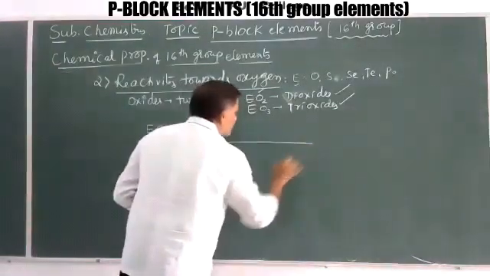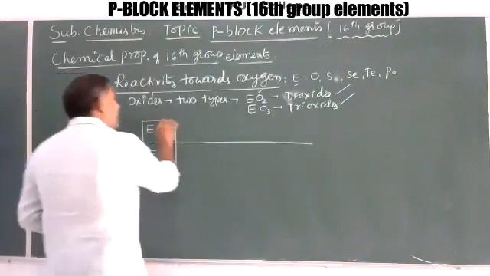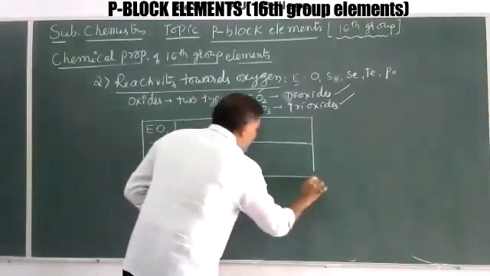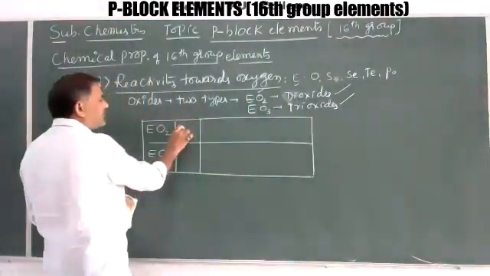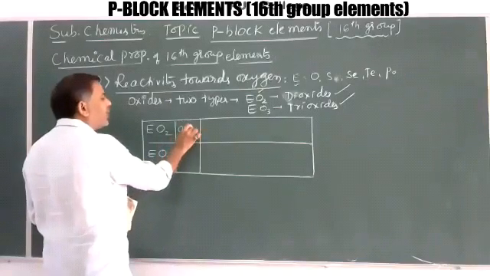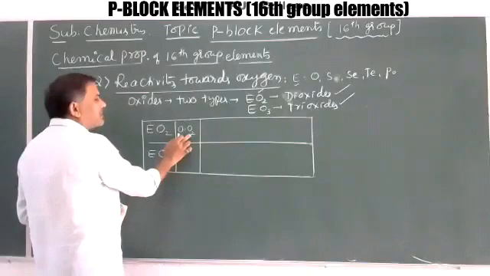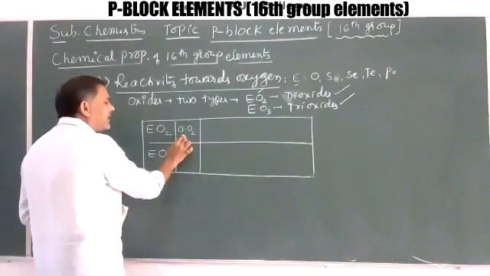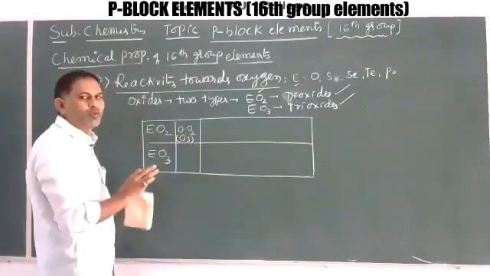I'll create an important table. In dioxides, oxygen, the first element, combines with oxygen and forms O2, and O3, which is the ozone molecule.